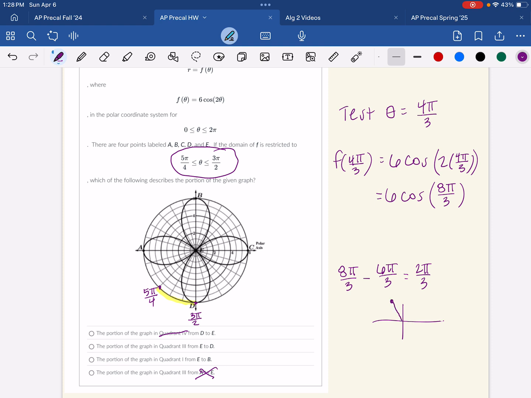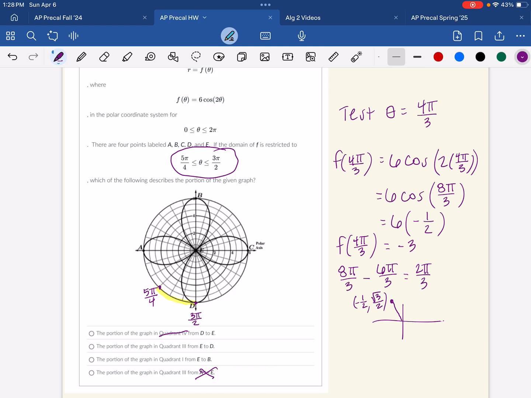And if we're talking about the cosine there, let's see, 2 pi over 3 is negative half, positive root 3 over 2. But we need the cosine, so 6 times negative 1/2. So we would get negative 3 when our radian measure is 4 pi over 3. So that means that these points here are going to actually give us negative radius lengths.